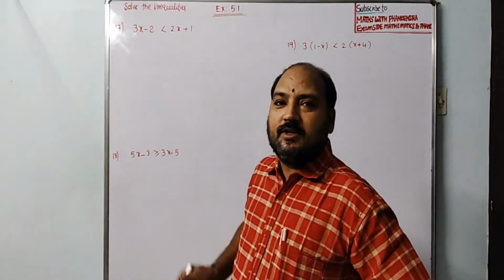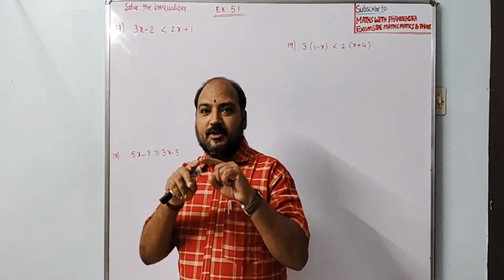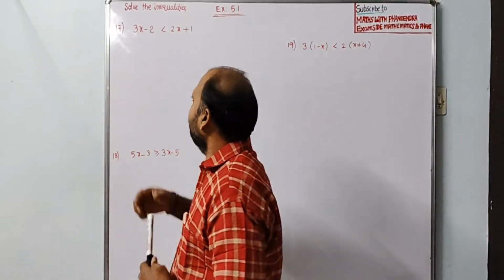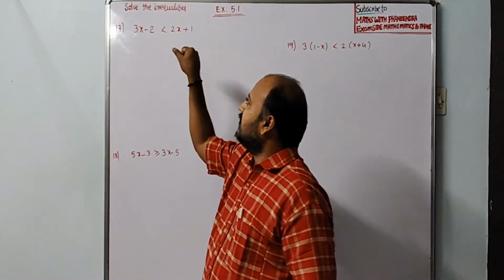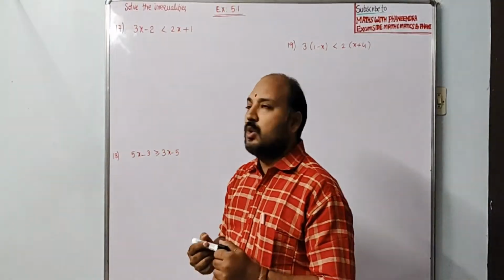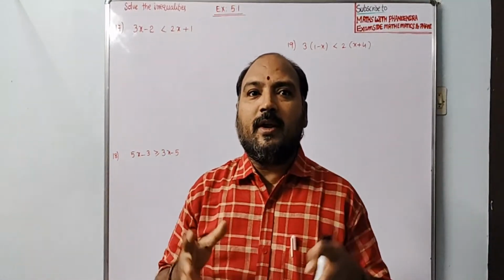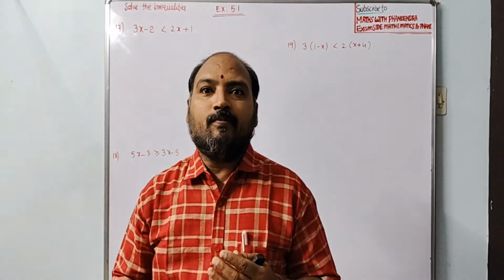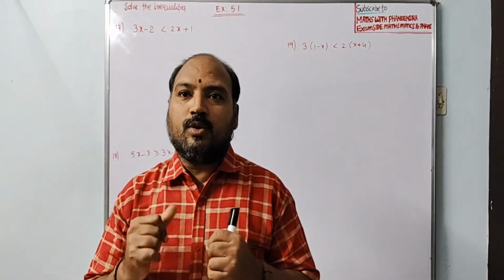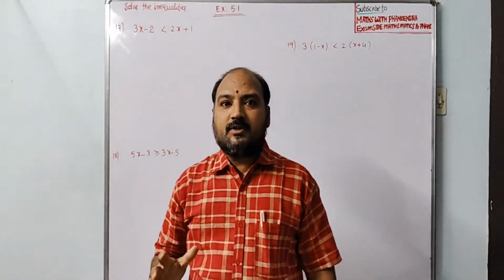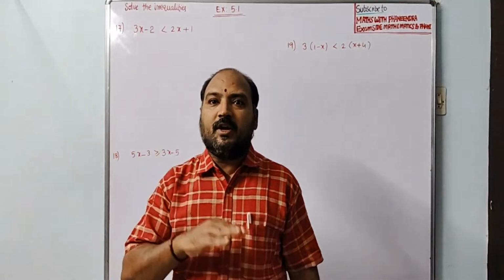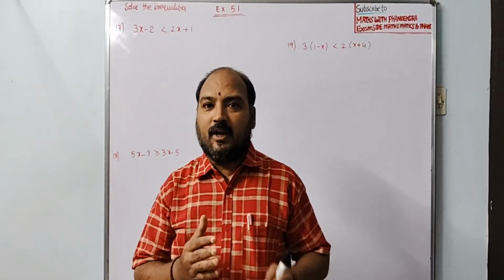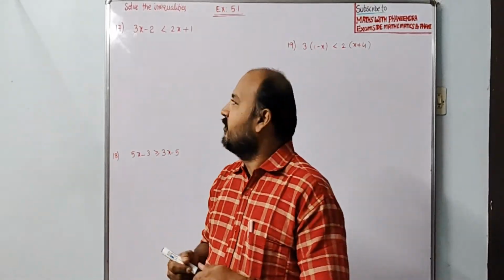Solve the inequalities with the representation in the number line. 3x minus 2 is less than 2x plus 1. To solve inequalities, we have already done how to do this type of problem. First, bring the variables to one side and the constants to the other side, like LHS or RHS.